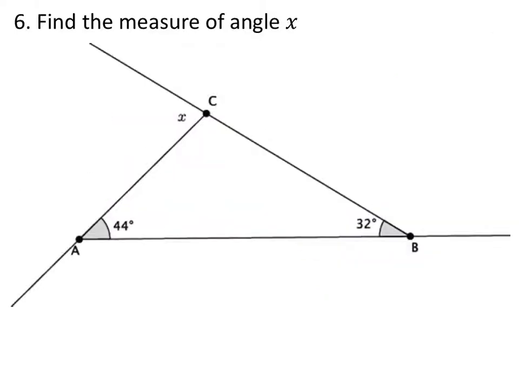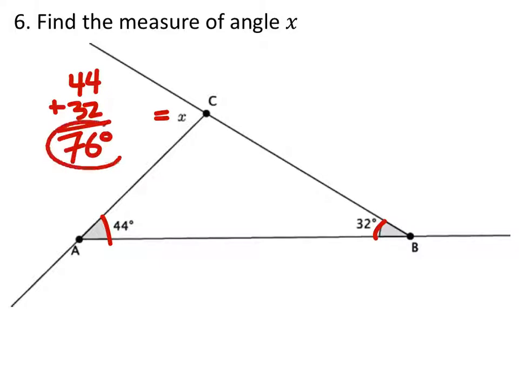So when we see a problem like this, I can see that this angle at 44 degrees and this angle at 32 degrees are remote interior angles with angle X right there. So to find X, I would just take 44 and add 32, and these two add up to 76 degrees, and that's my answer for this one.